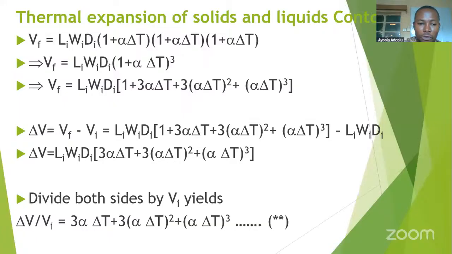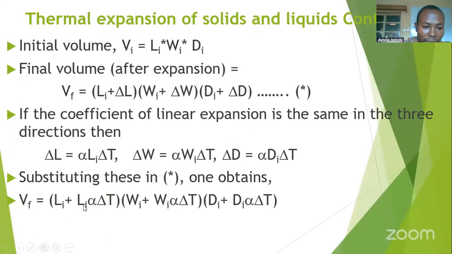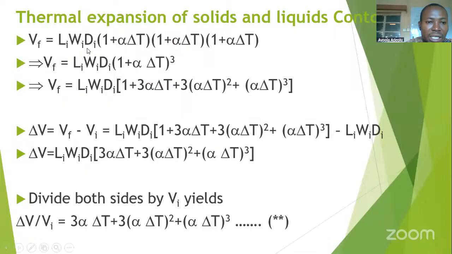But if you look at it, I have Li here, Wi here, Di here, and again Li, Wi, Di in the other factors. I can factorize Li, Wi, Di out of the bracket. So if I do that, I will have what I have here.